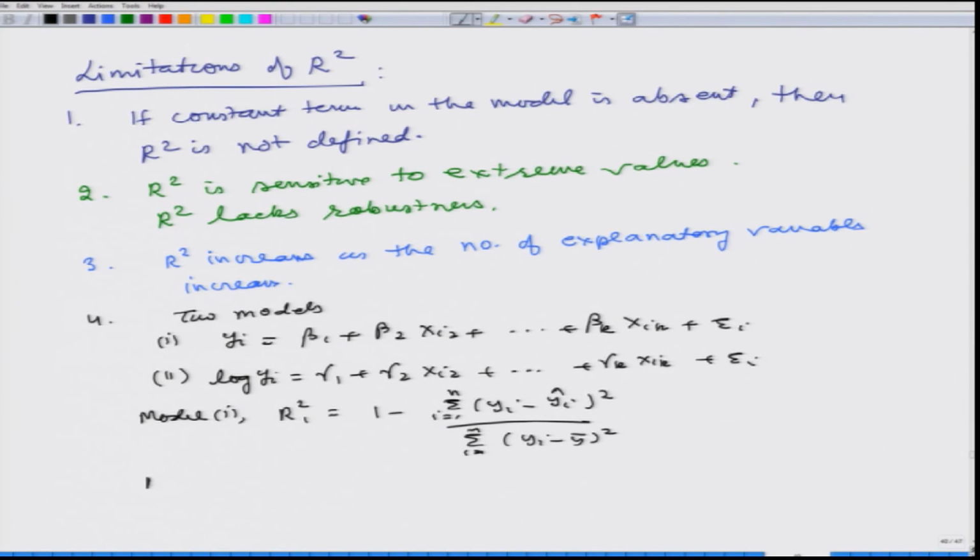Now we have to define the R square for model number 2. There can be various possibilities.